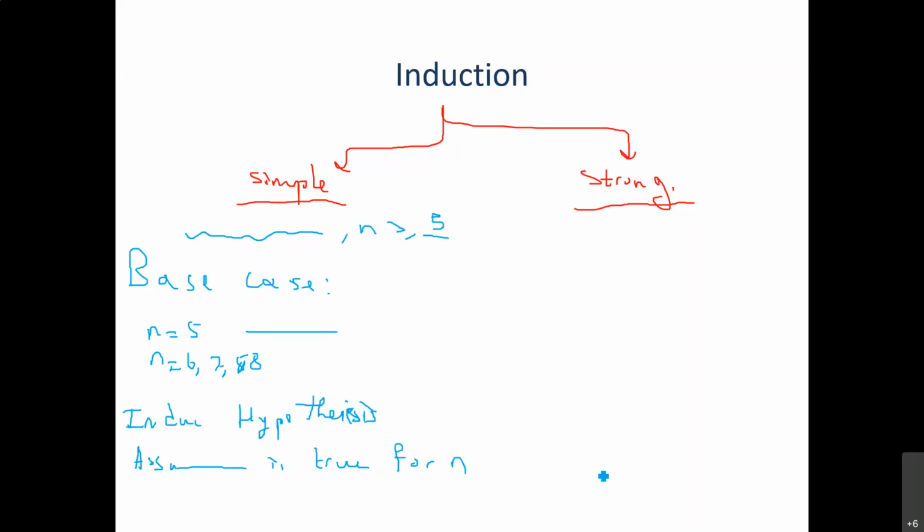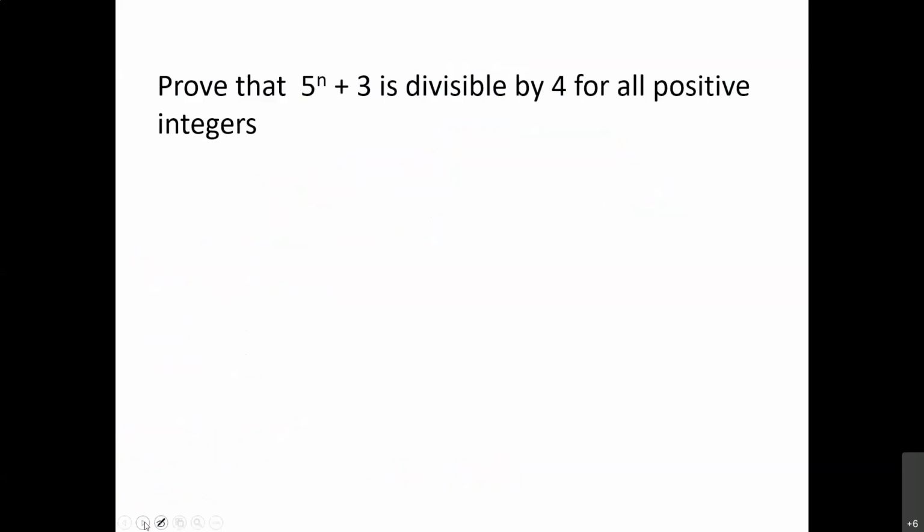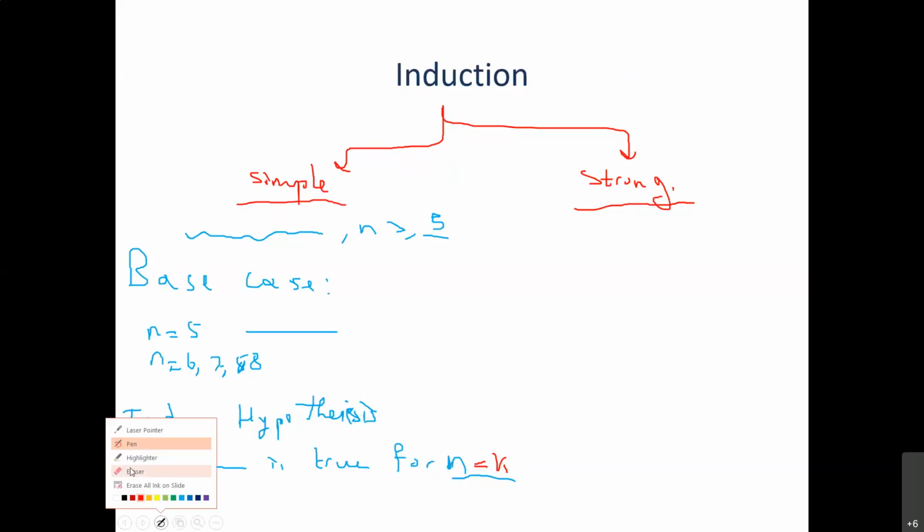There are a lot of different ways to write this. You can say prove that it's equal for n, or prove that it's equal for n equals k. I'll try to do all the different cases. So hypothesis: assume it is true for n. And then the third step, which is the induction step.